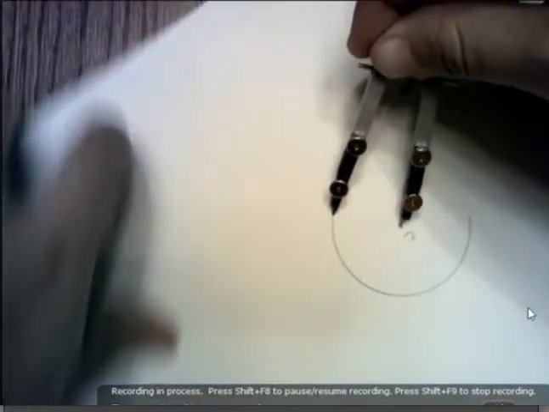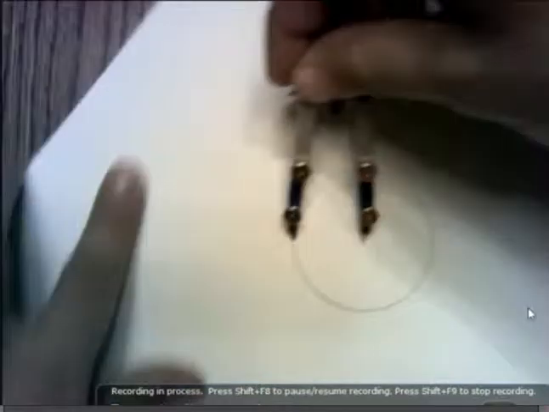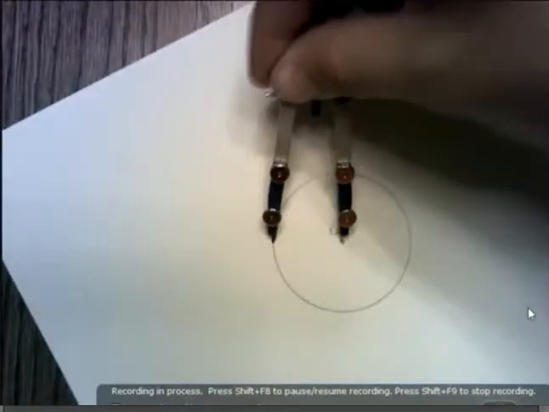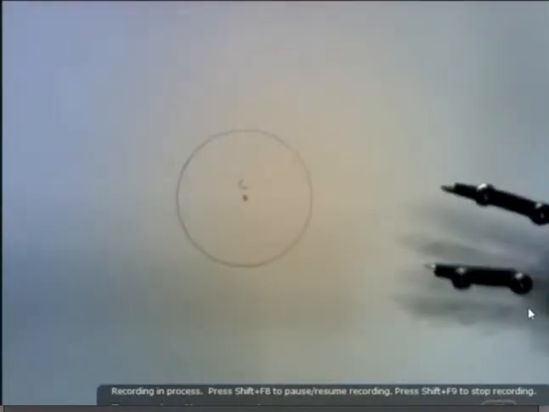So you want to set your pin in the point that's going to be the center, and hold your compass off at an angle like this. And remember, the easiest way to do it is actually to spin your paper and just let your hand hold the compass still. Now that is a beautiful circle centered at C.